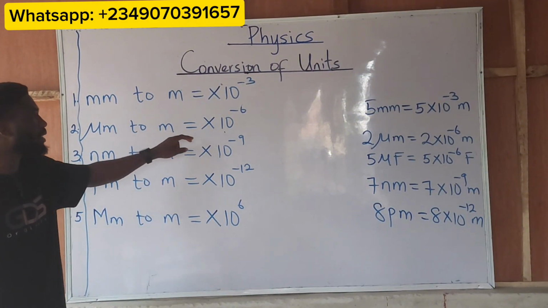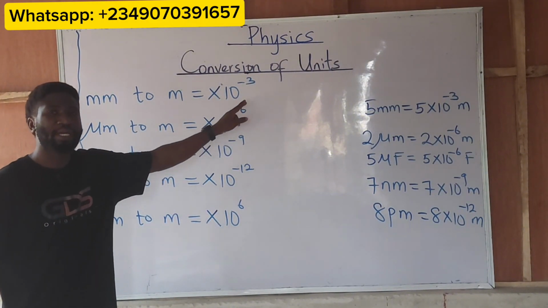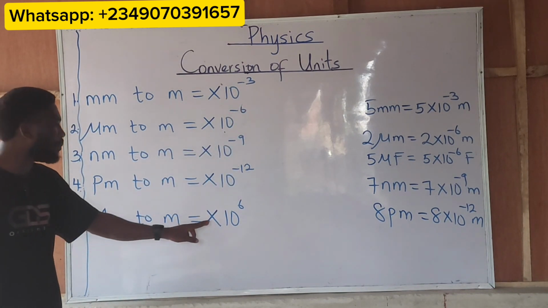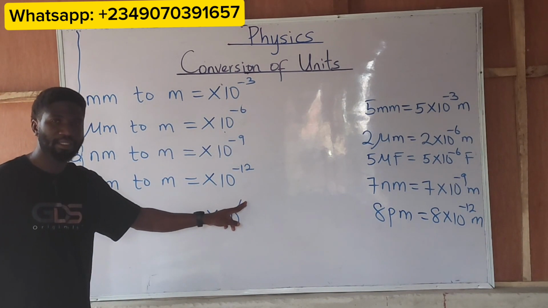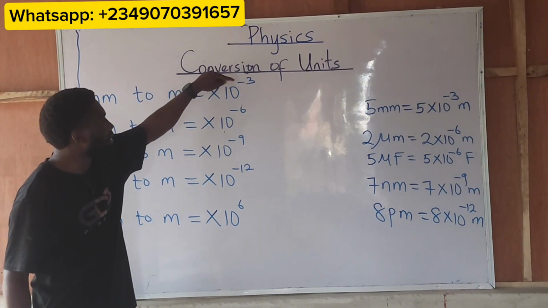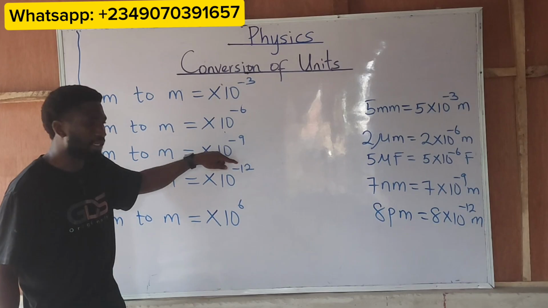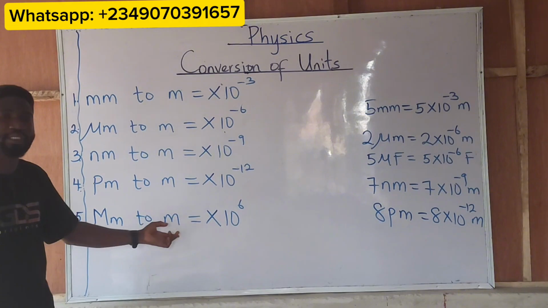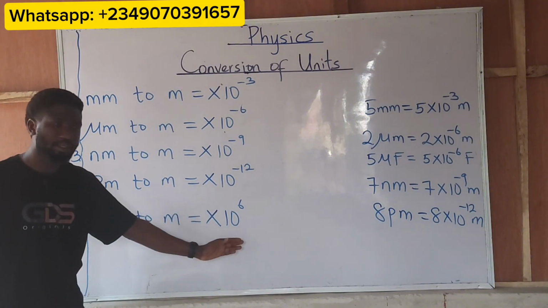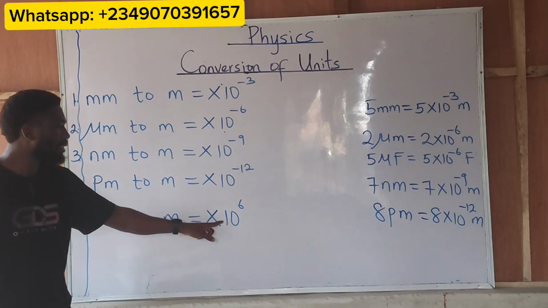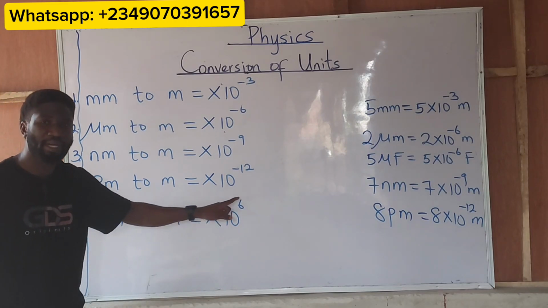For micrometer to meter, it is multiplied by 10 raised to power minus 6, and for megameter to meter, it is multiplied by 10 raised to power 6. So changing megameter to meter, it is times 10 raised to power 6. But meter back to megameter, that will be times 10 raised to power minus 6.